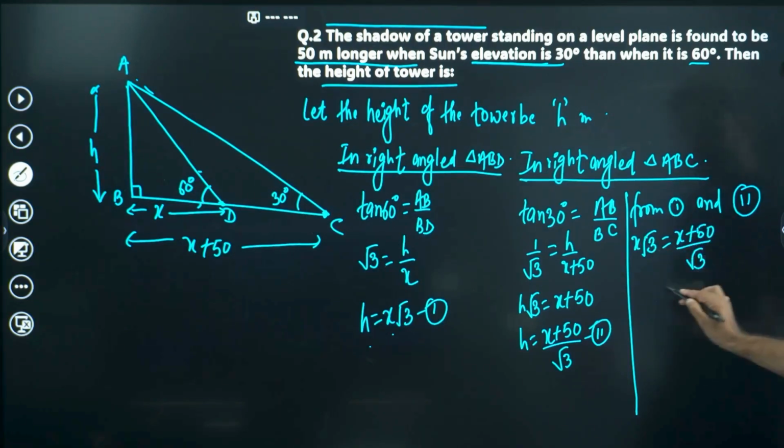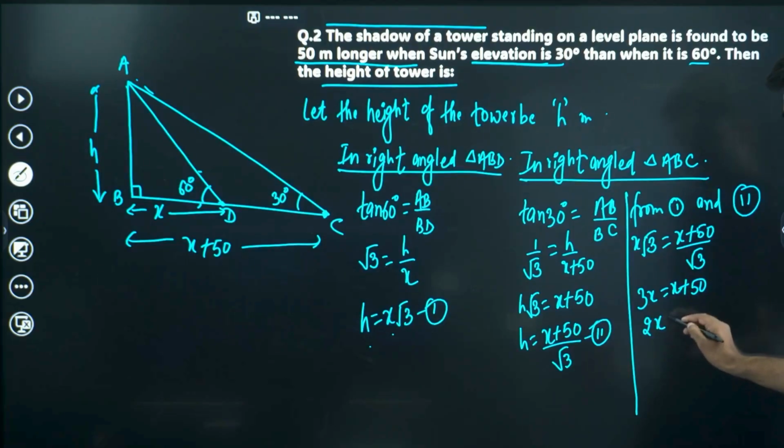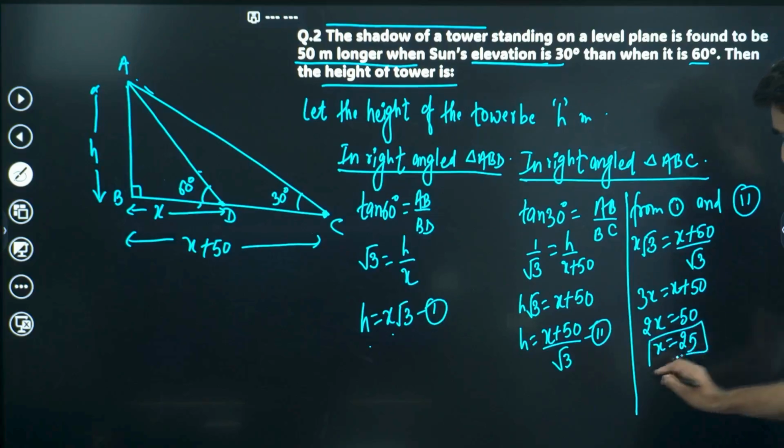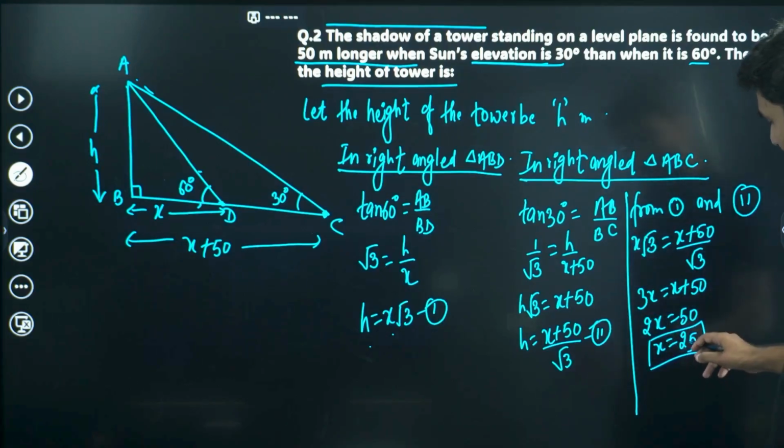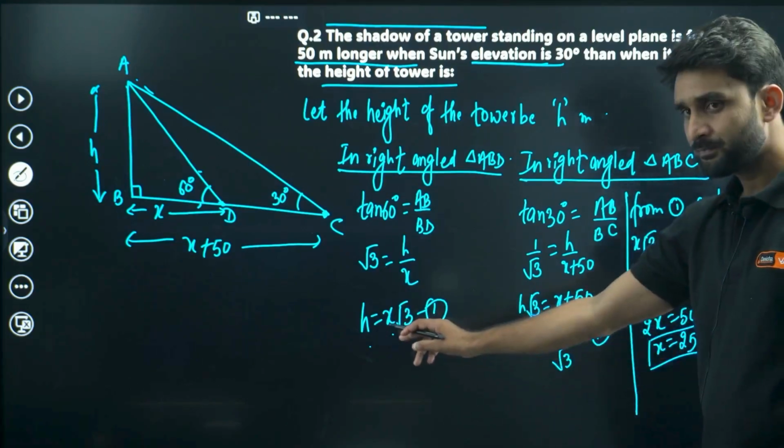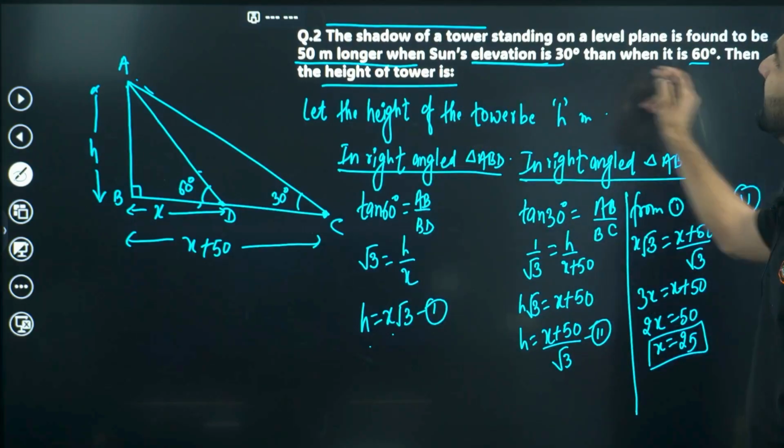Now cross multiply. So √3 into √3 will be 3. So 3x equals x plus 50. We can shift x to this side. So this will be 2x equals 50. So x is equal to 25. And if x is equal to 25, now we can put the value of x here, because we have to find the height of the tower.